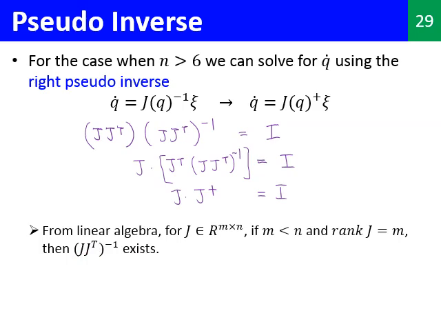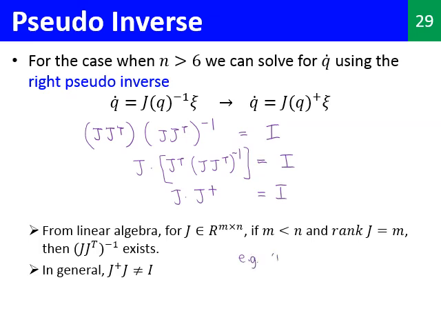Therefore, we can surely say that this part exists, and so J plus, the right pseudo inverse, exists. But in general, if we pre-multiply J with J plus, it's not going to be equal to the identity matrix. Understood?